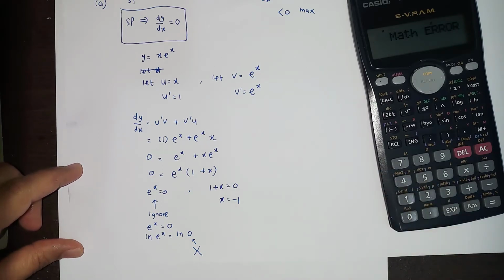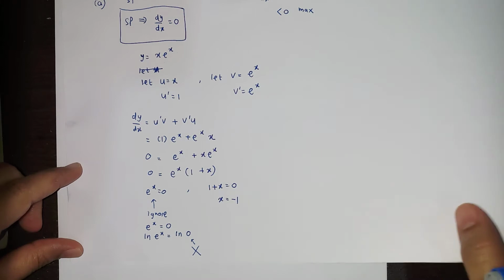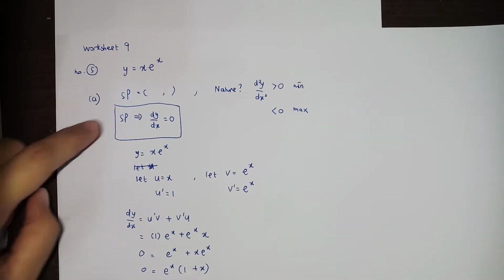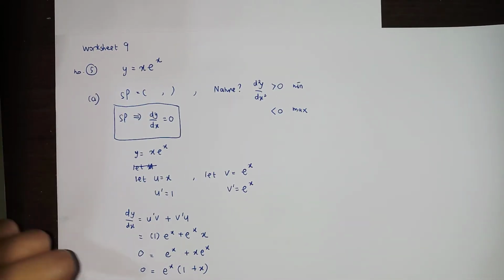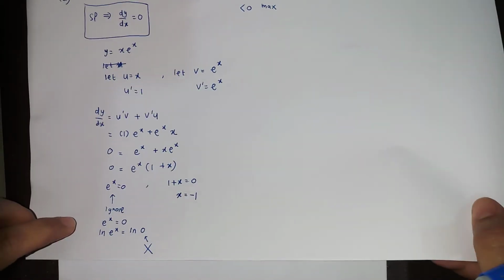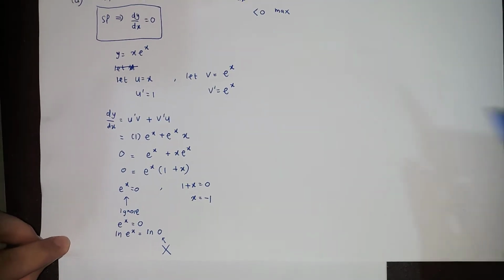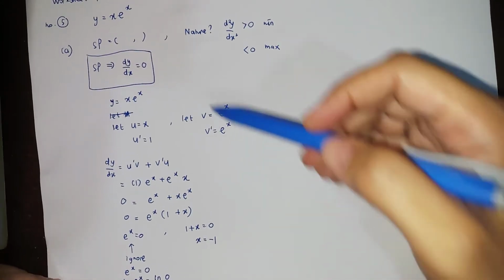Now, remember our aim: we want to calculate the stationary point, which means our answer must be in terms of x and y. That is just the x value, and we are done with it. How do we calculate y? You just substitute your x value into the original equation.